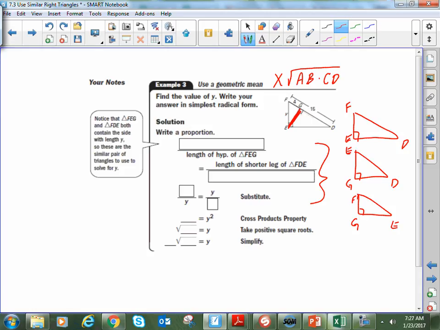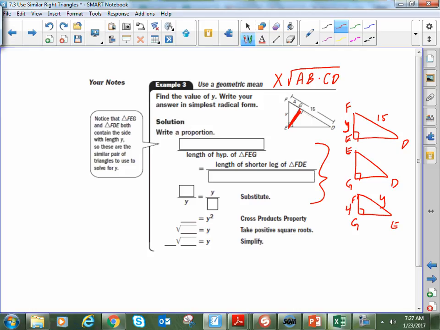We know that the hypotenuse of the big triangle, FD, is 15, and that its short leg is the variable y. And then we know that FE here is y, and that FG is 4.